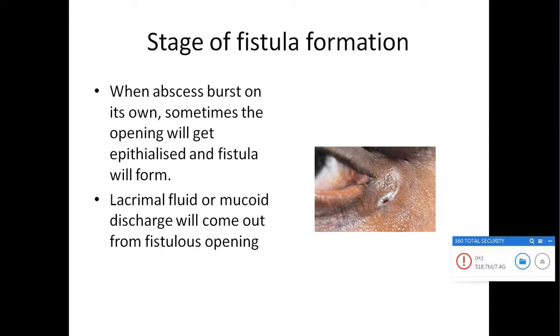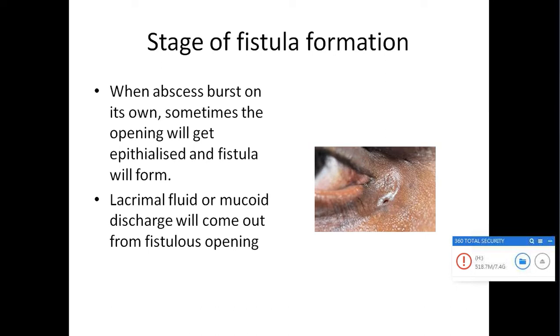So lacrimal fluid and mucoid discharge will come out from this opening whenever you press the lacrimal sac area, which is the fistulous opening formed because of the bursting of the abscess.